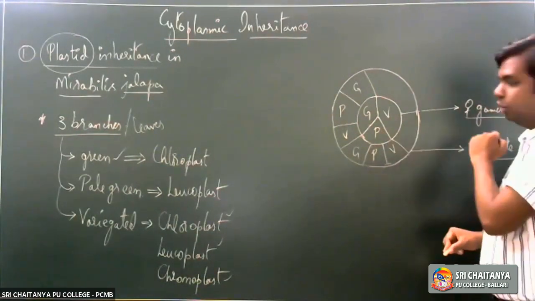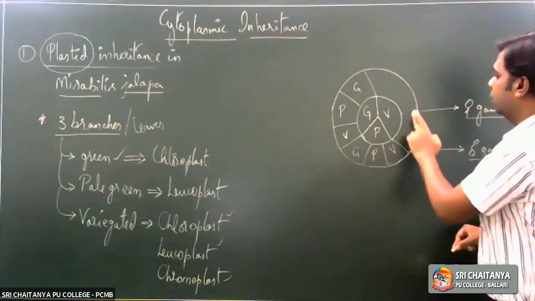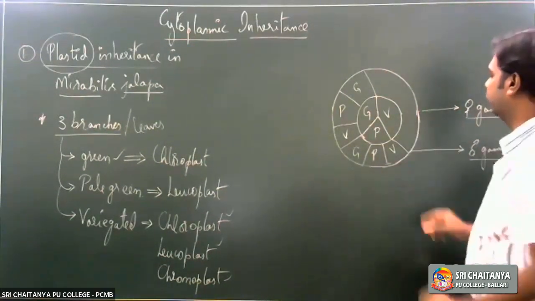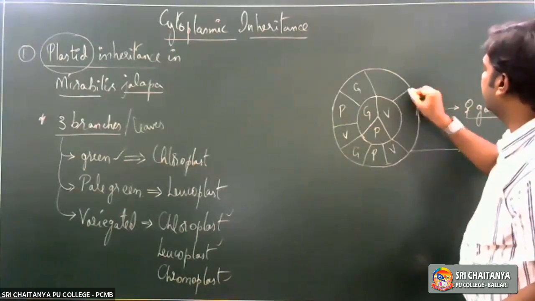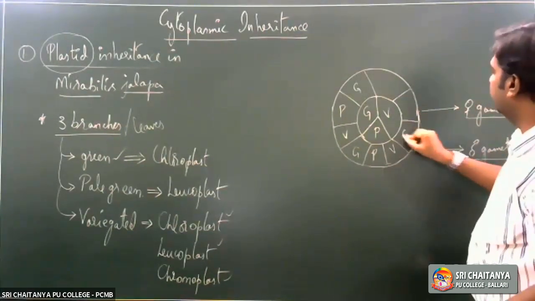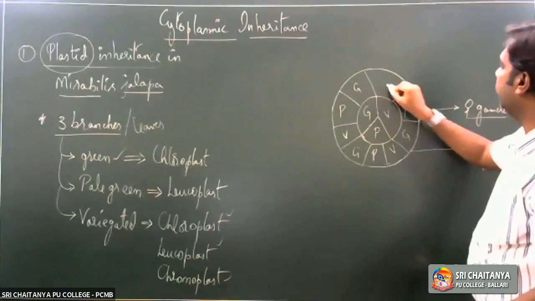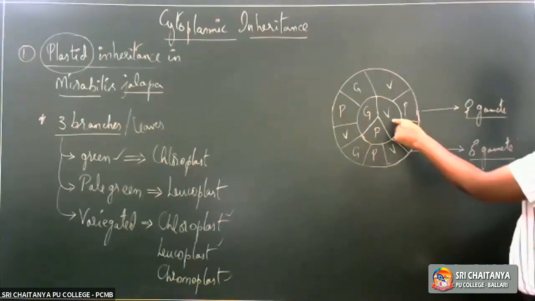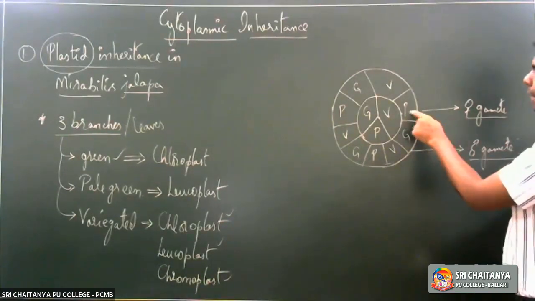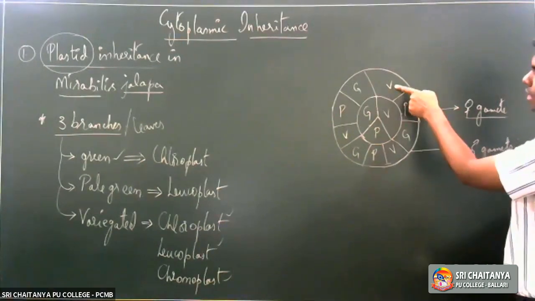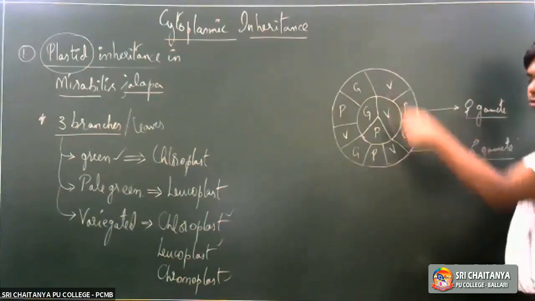This is the third condition we have. Similarly here also, with regards to variegated, we have again three different types. One will be green, this will be pale and variegated. So a green one fusing with the variegated branch, pale green fusing with the variegated branch, variegated fusing with the variegated branch. So what offsprings do we get?